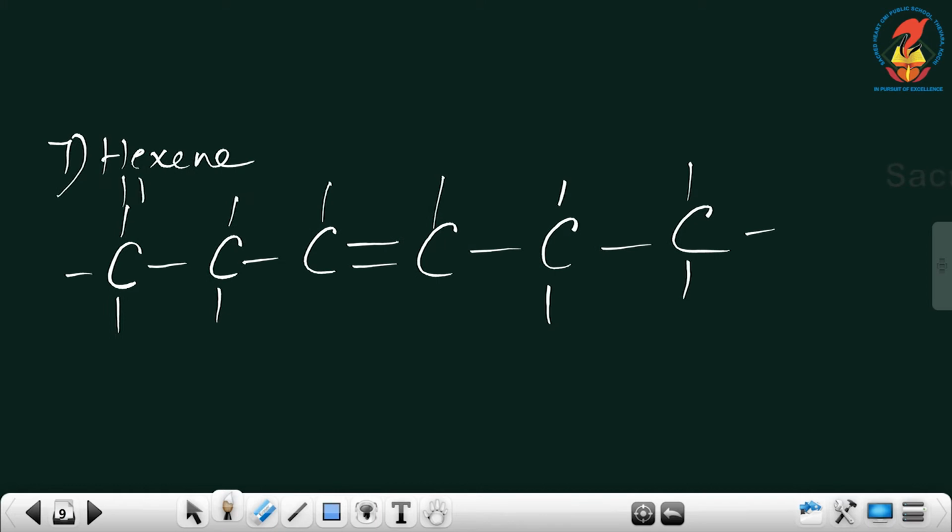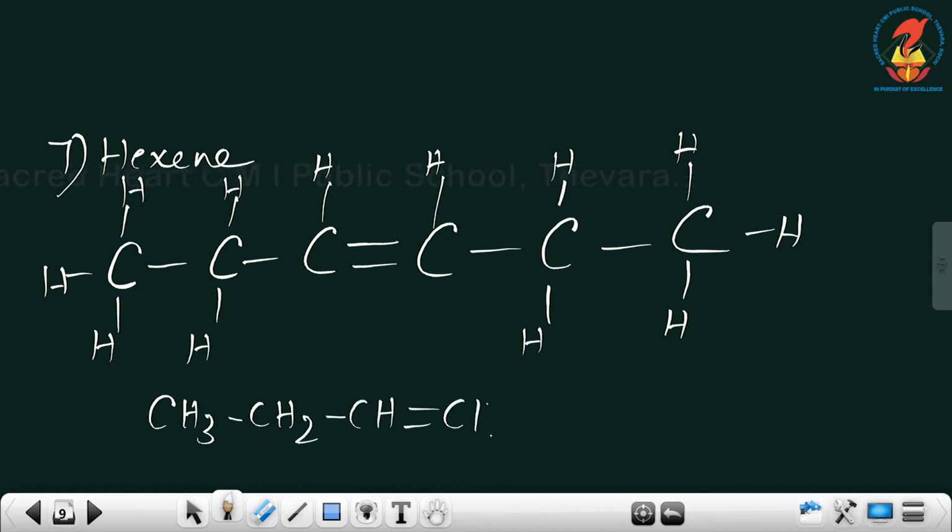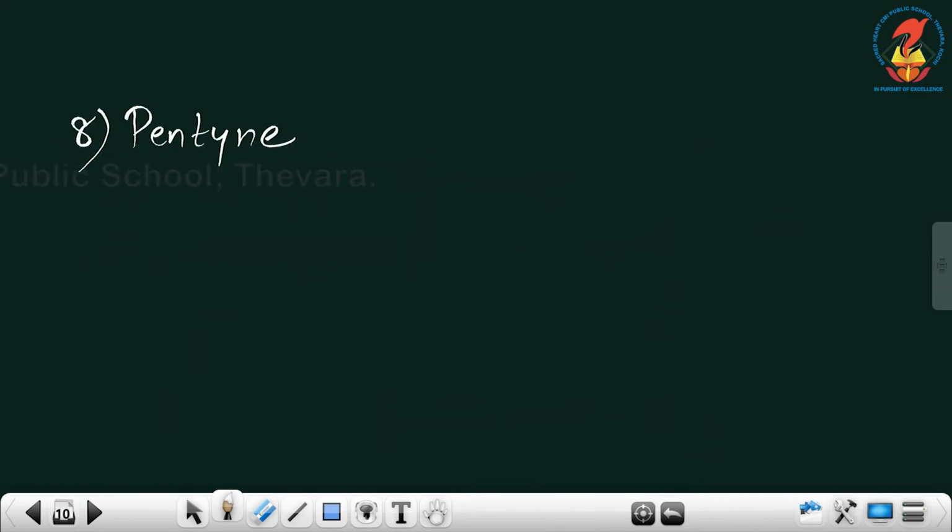So write hydrogens. Condensed formula will be CH3, CH2, CH, double bond CH, CH2, CH3. This is hexene.